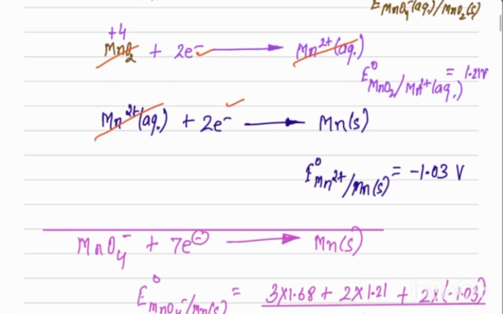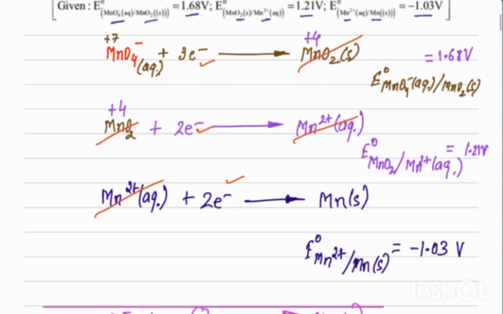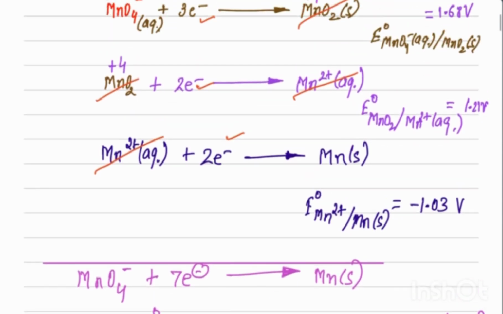solid. We cannot add the standard reduction potentials directly, because standard reduction potentials are intensive properties. That's why we convert them into Gibbs free energy, and we know that delta G equals minus nFE.